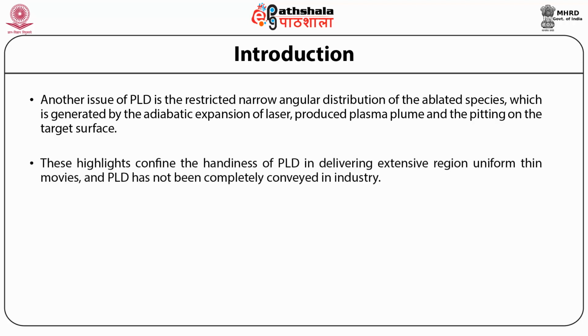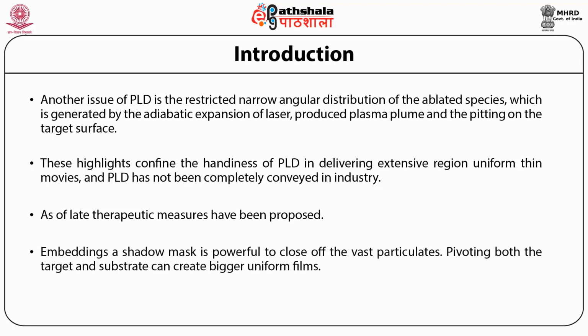These features limit the usefulness of PLD in producing large-area uniform thin films, and PLD has not been fully deployed in industry. Recently, remedial measures have been proposed. Inserting a shadow mask is effective to block off the large particulates. Rotating both the target and substrate can create larger uniform films.